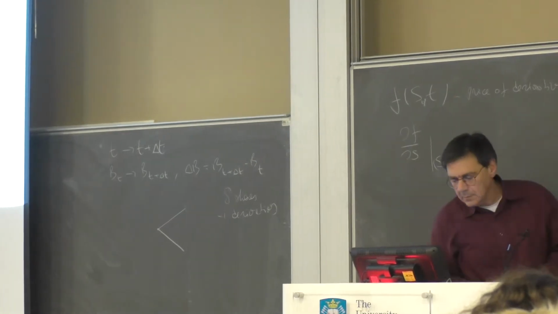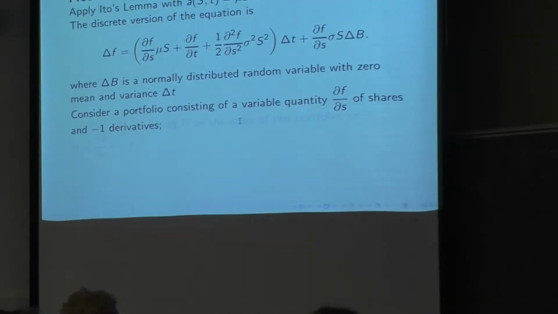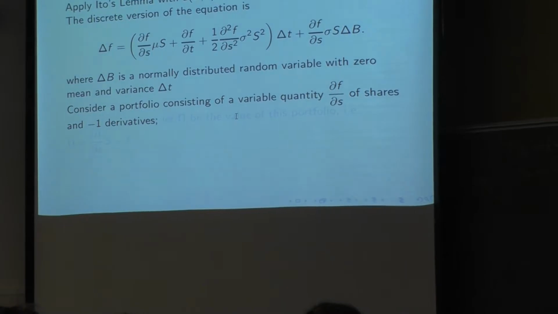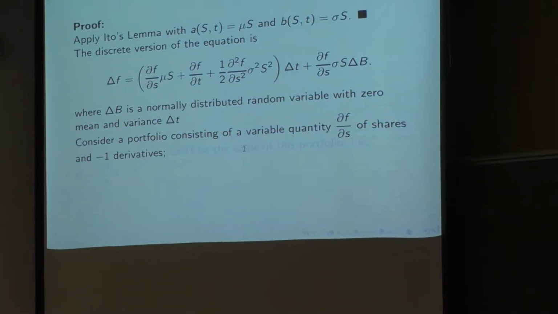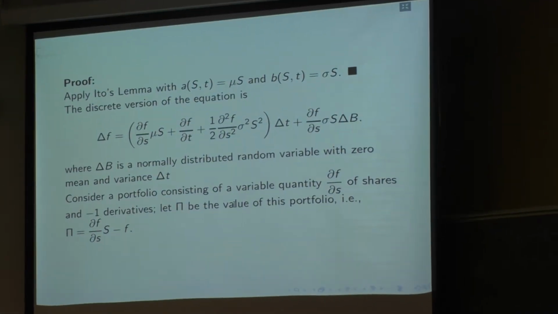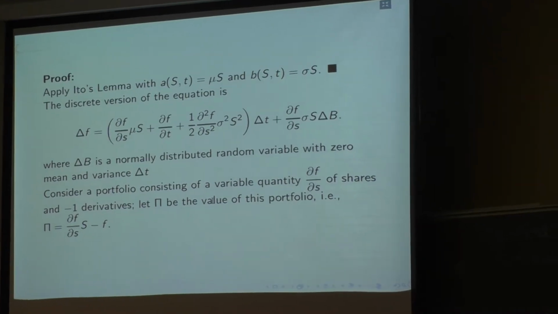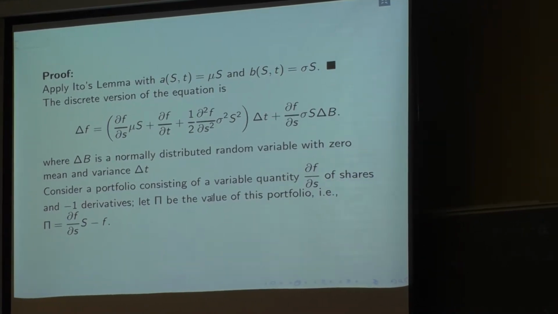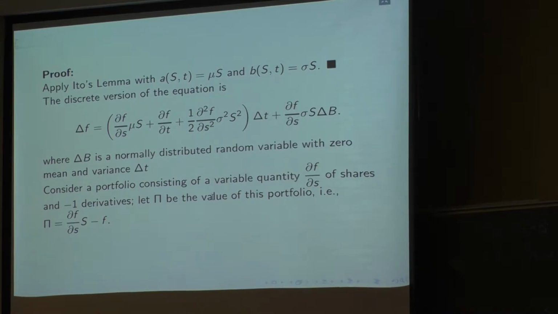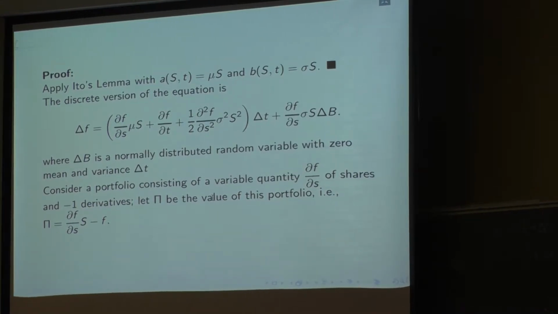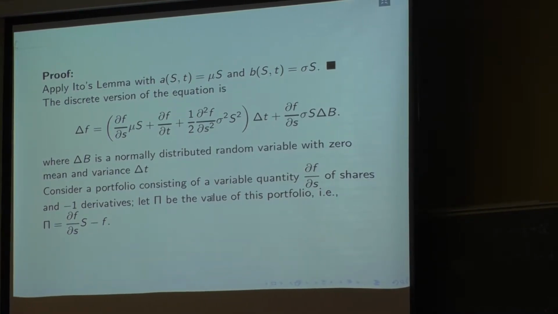Okay. So now we constructed this portfolio, and let's give a name to the value of this portfolio. Let's call it pi. So what is the value of this portfolio? Well, it's the number of shares, the number of units of the underlying asset, which is this, times the price per unit of underlying asset, which is what we're calling S. And then we have minus one derivatives.